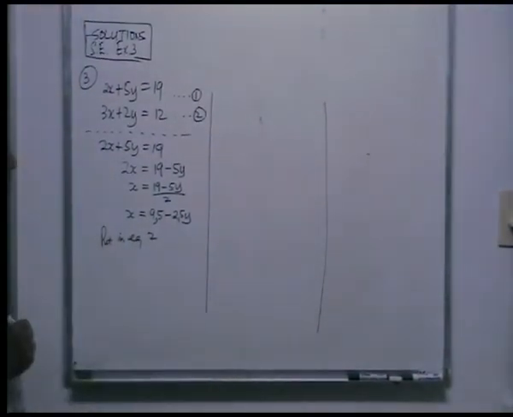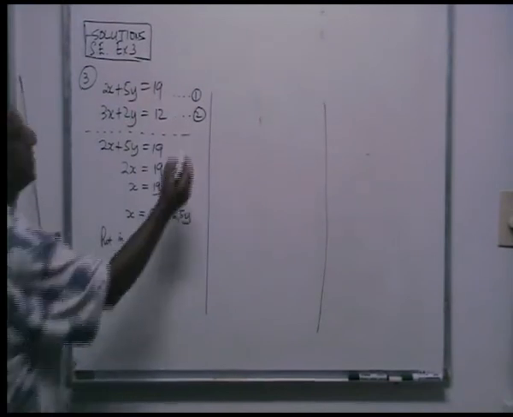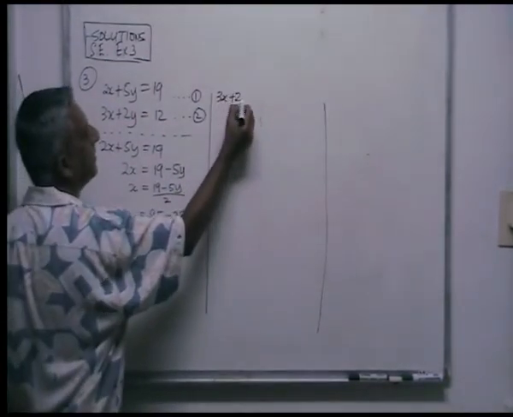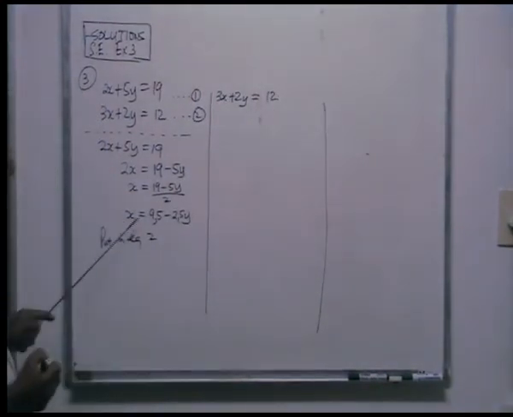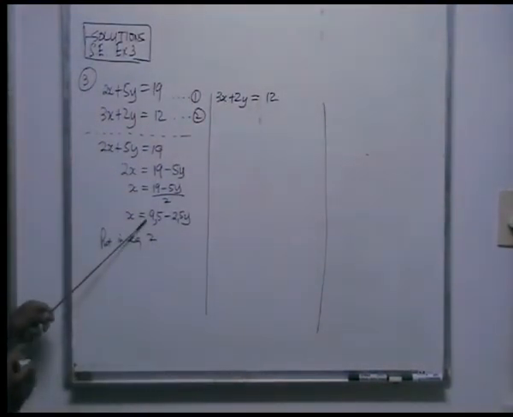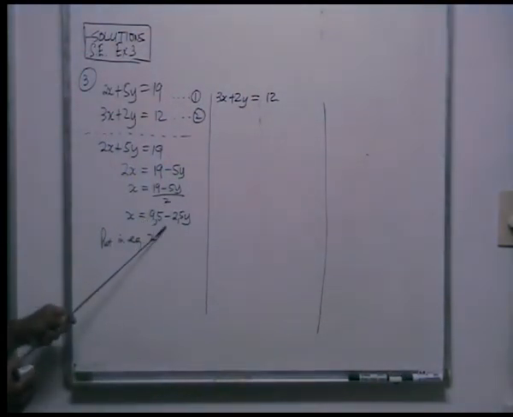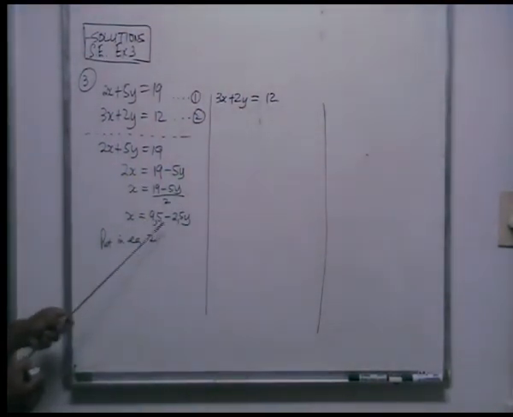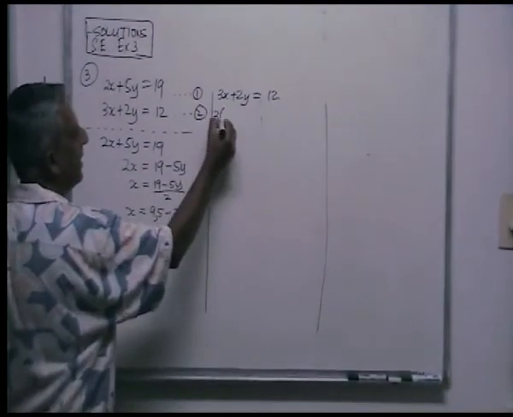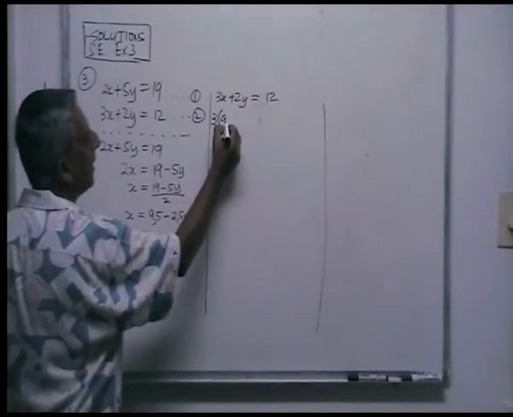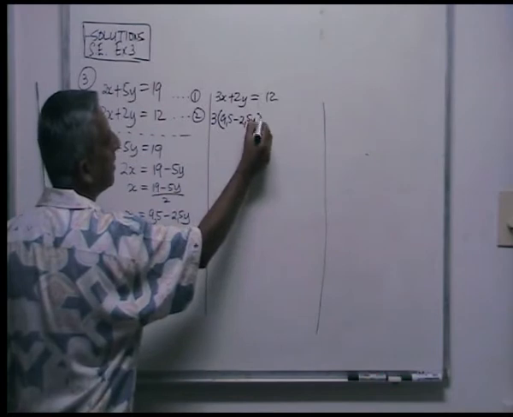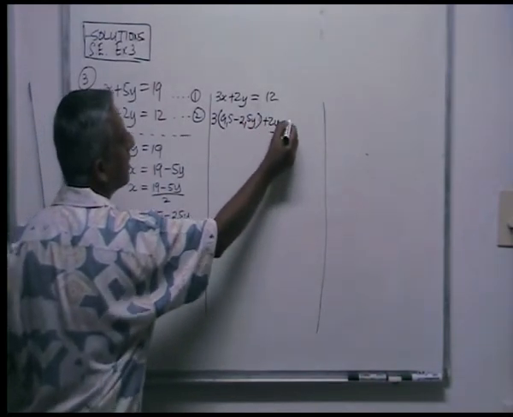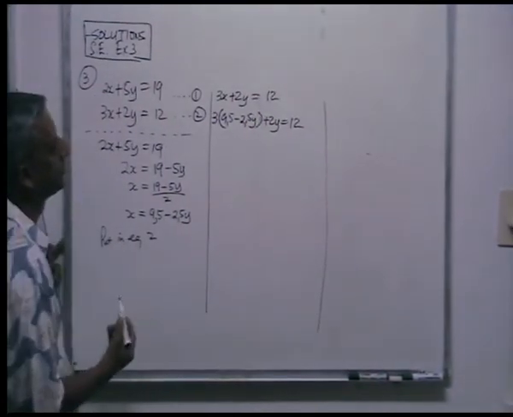So I'm going to put it in equation 2. Equation 2 is 3x plus 2y is equal to 12. But x is equal to 9,5 minus 2,5y. Now don't get frightened about all these fractions. Just get the calculator to help you. So it will be 3 into 9,5 minus 2,5y plus 2y is equal to 12.